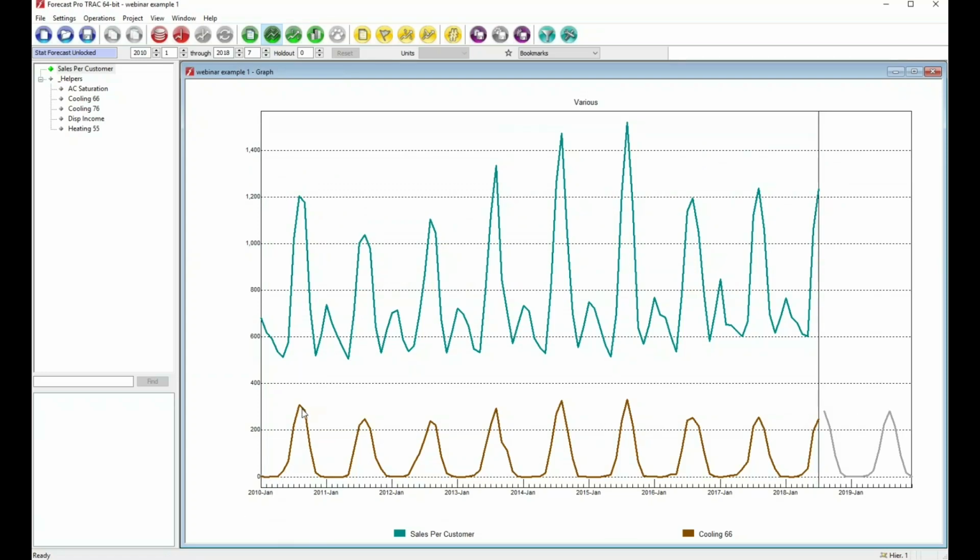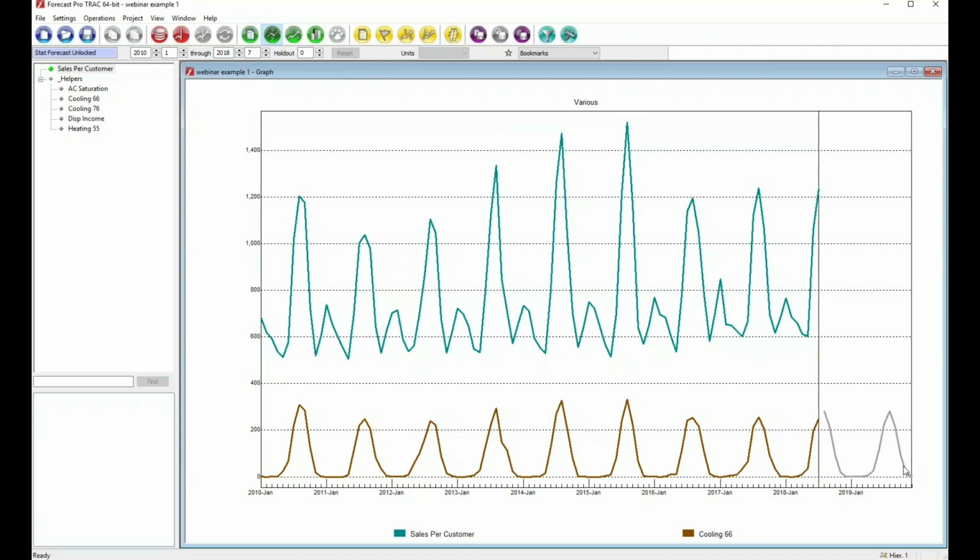And what you can see is that there's definitely a good alignment between our explanatory variable down here and our sales variable, electricity sales on top here. So when we look at this visually, it certainly makes sense that cooling 66 is potentially a good variable in a regression model. Also worth noting over here that we have actually provided forecasts for cooling 66 within the data that we read into Forecast Pro.